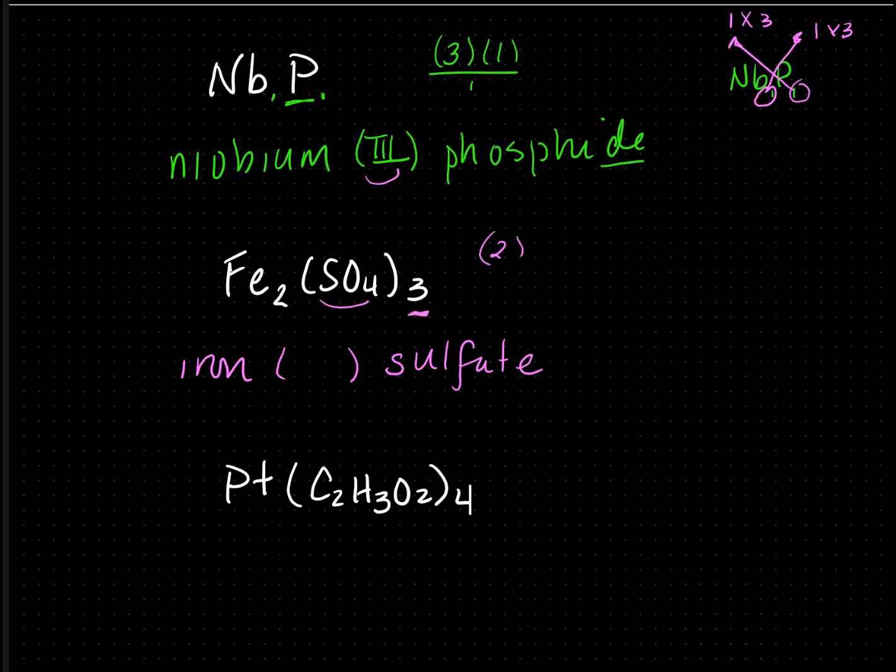Why? There's a parentheses telling you there are 3 sulfates. For a polyatomic, the parentheses tells you how many polyatomics you have. If it's a polyatomic and there is no parentheses, that means you only have 1 of them. So the charge of iron is going to be 3 because the 2 reduces out.